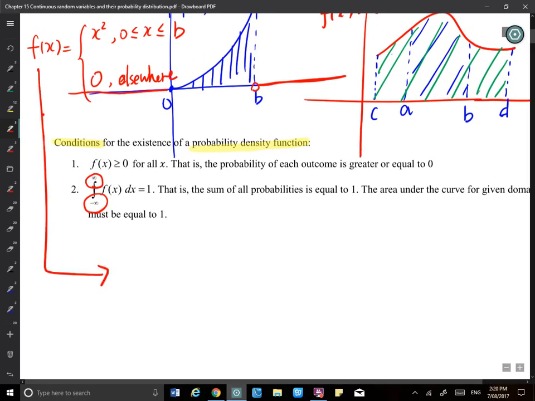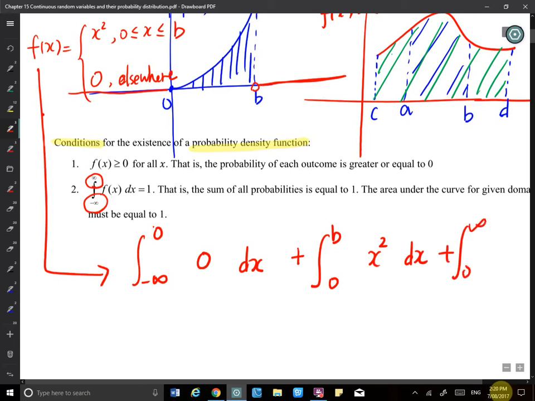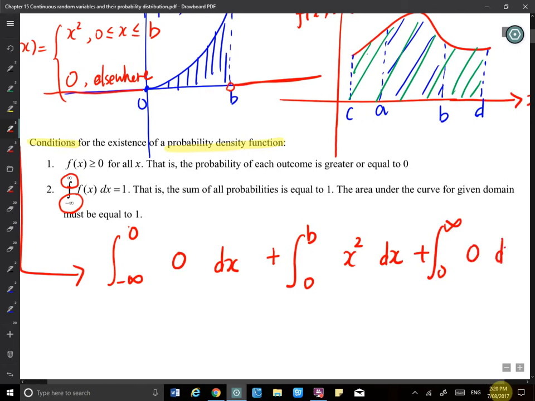What I need to write is negative infinity to 0, integral of 0 dx, plus 0 to b, plus 0 to infinity, integral of 0 dx.